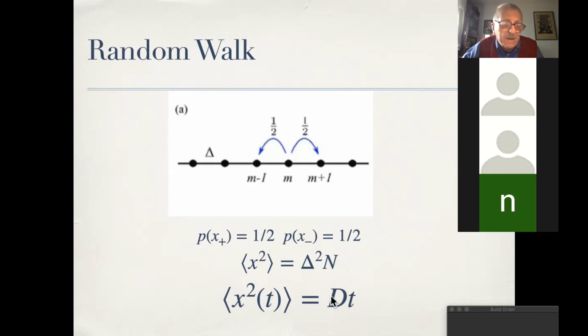We see that the average square distance is proportional to the time and to some coefficient which I call D. The remarkable result of a kinetic theory, of a solution of a Boltzmann equation, is that this coefficient D is exactly the same coefficient as appears in the diffusion equation on our previous slide.